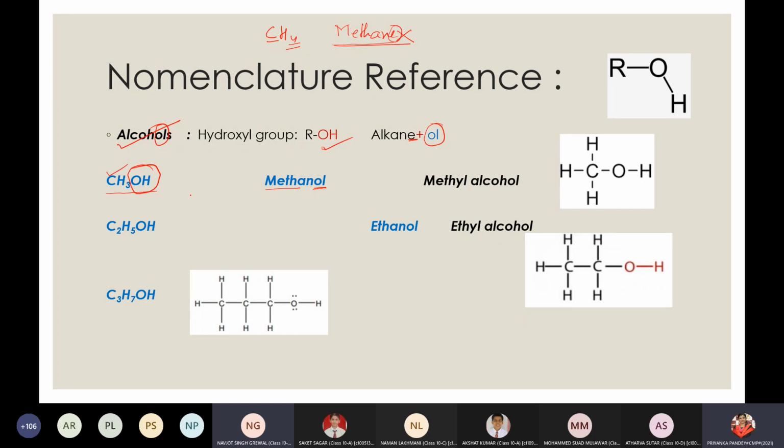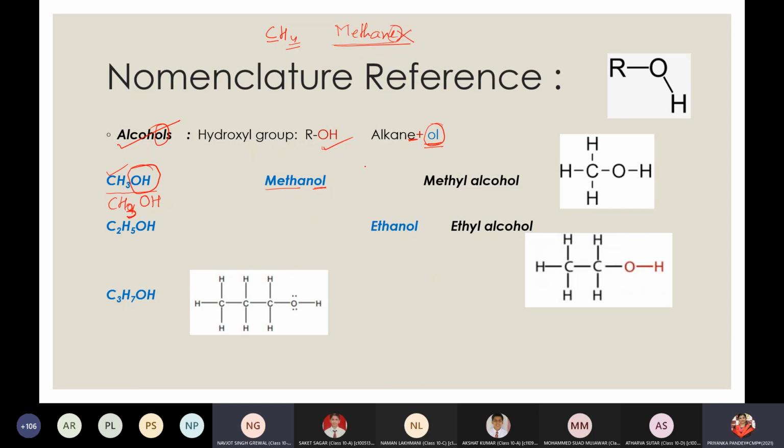Like if it was CH4, it was methane. In place of one hydrogen atom here, they add one OH ion or radical. This becomes methanol.